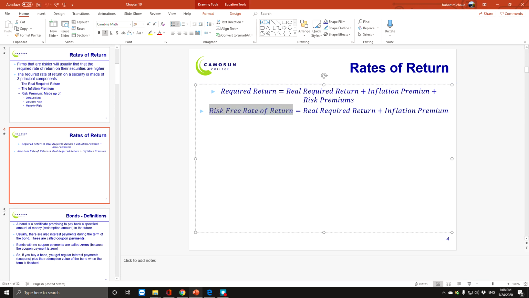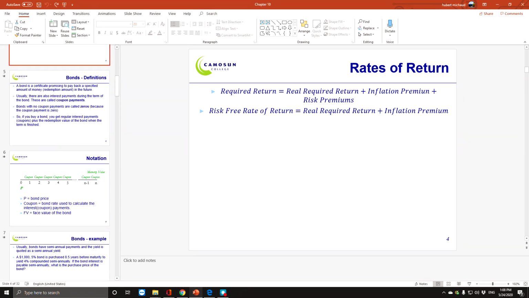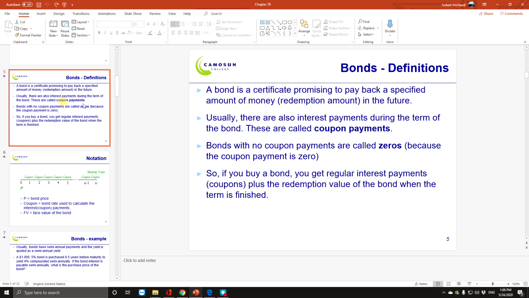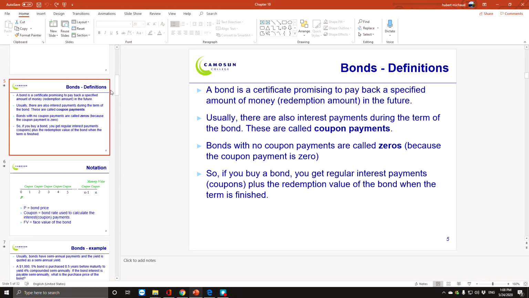This is what we use as a proxy for the risk-free rate of return because there's not a lot of risk on government securities, at least not a lot of risk premium. The inflation is taken into account. The real required rate of return is taken into account. So this should be pretty straightforward for almost everyone.